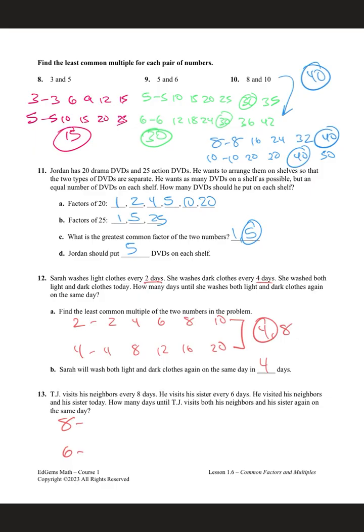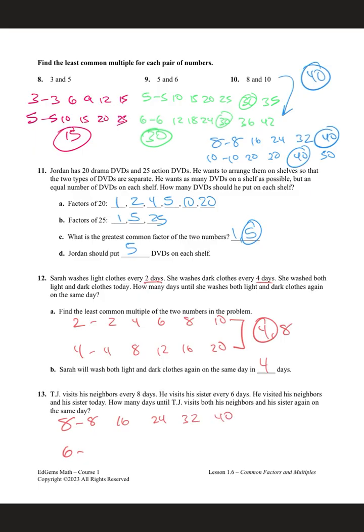So in this case, they're asking us to project out. So whenever they ask us to project into the future, we're listing multiples. So let's list the first 5 multiples of 8. That would be 8, 16, 24, 32, 40.